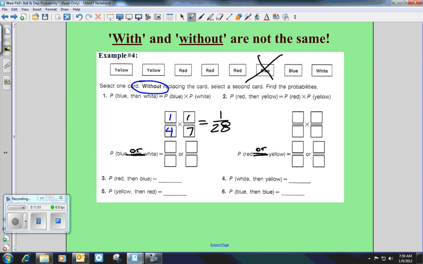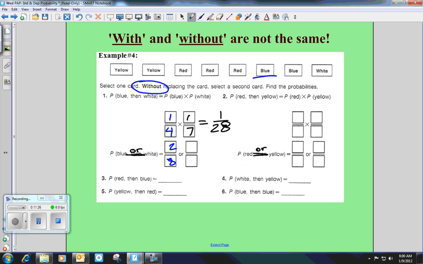All right, now also on the or side, if you want to choose blue or white, we also must change the odds if we're keeping the card. So for the blue card, let me erase this. We're going back to a new deck now. For the blue card here, I still have a 2 out of 8 chance to get that.